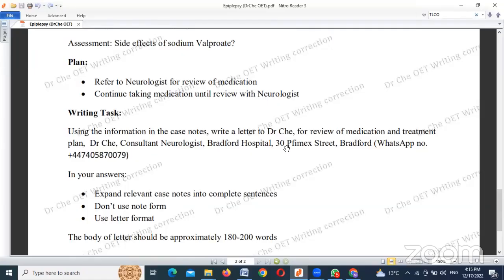Urgent referral, okay, let us see in the case notes, but overall, this is a referral letter.